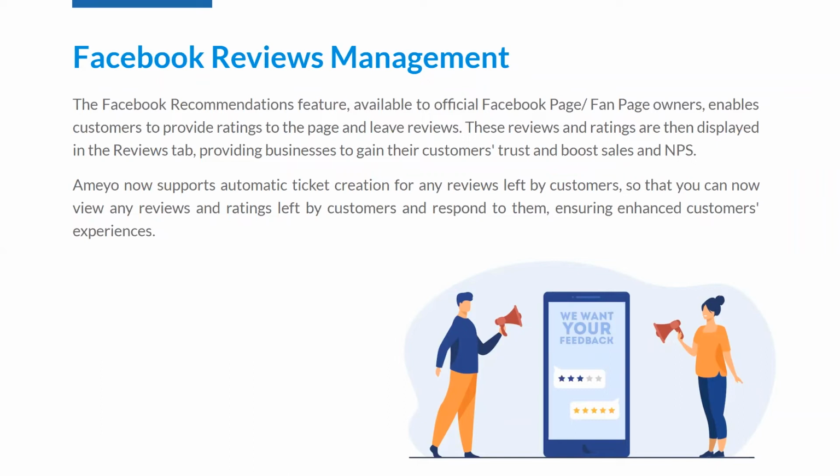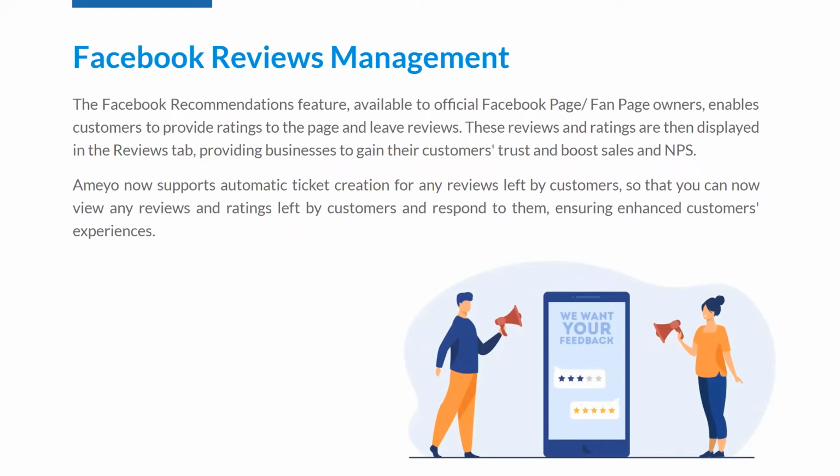Now on Facebook, it's also possible to go to the Facebook page of a business and provide them with a rating and leave reviews, right? Now, these reviews and ratings can be viewed by the business in the reviews tab. Now with this new feature enhancement, it's possible to automatically generate a ticket or an interaction in Ameyo if a customer has provided a rating and a review.